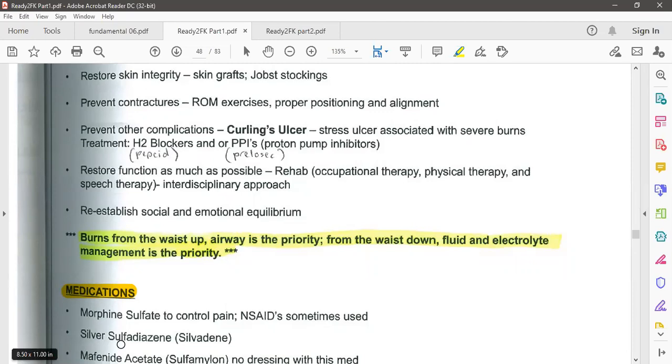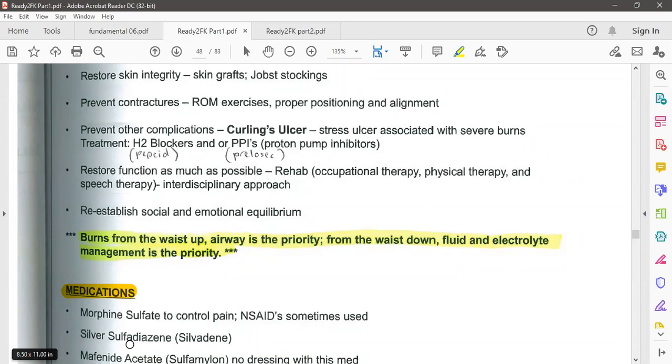And then what else? Silver sulfadiazine is an antimicrobial that does not penetrate the deep layer of the skin, but may cause transient neutropenia. It is temporary.